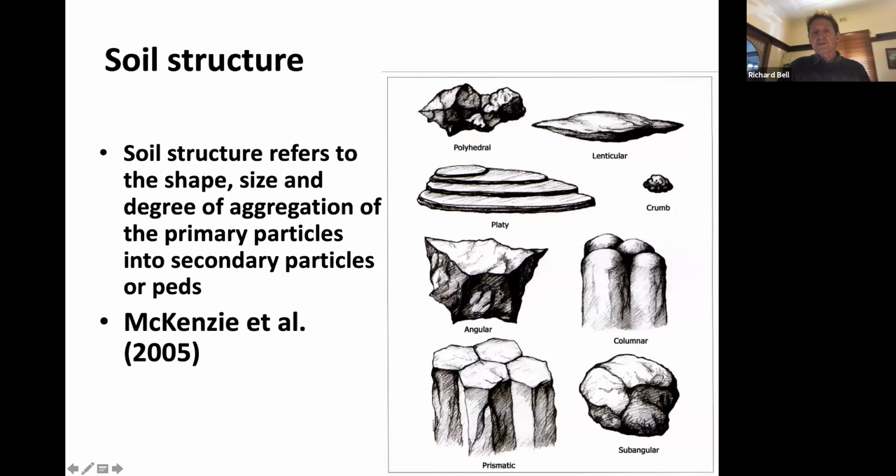But other structure or ped types that you might see are angular or polyhedral, and platy type structures are something to look for, as they often occur as a symptom of smearing or plough pans, and they may be evidence of compaction.